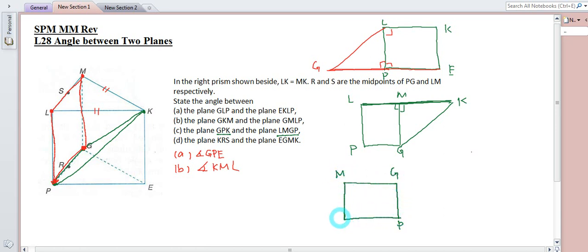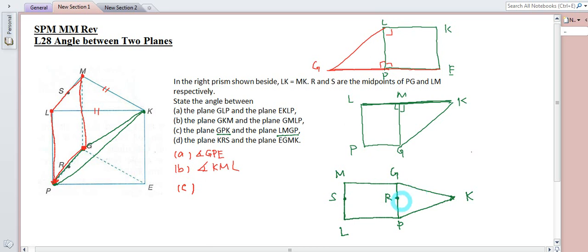This is M, this is L. Can you imagine that? This is GP, this is ML. So the K is actually at the middle here. This is K. And the midpoint of GP is R. The midpoint of LM is S. Now we want to determine where is the angle that we want.